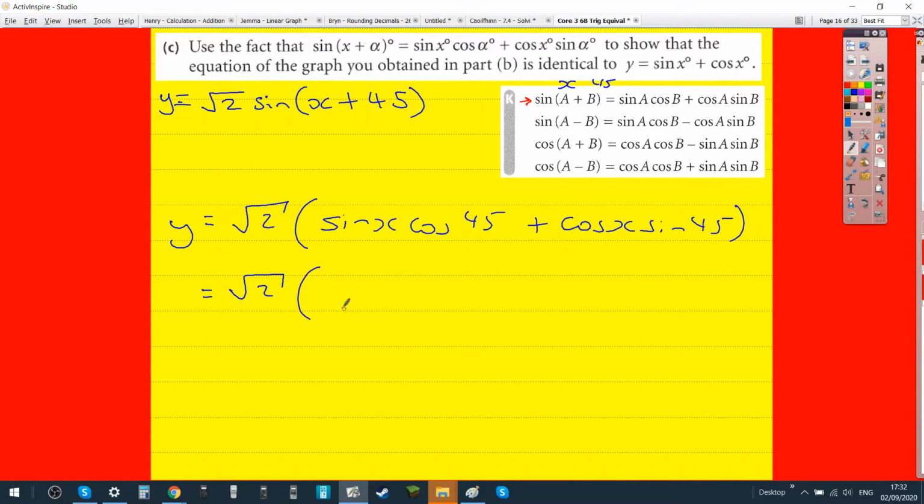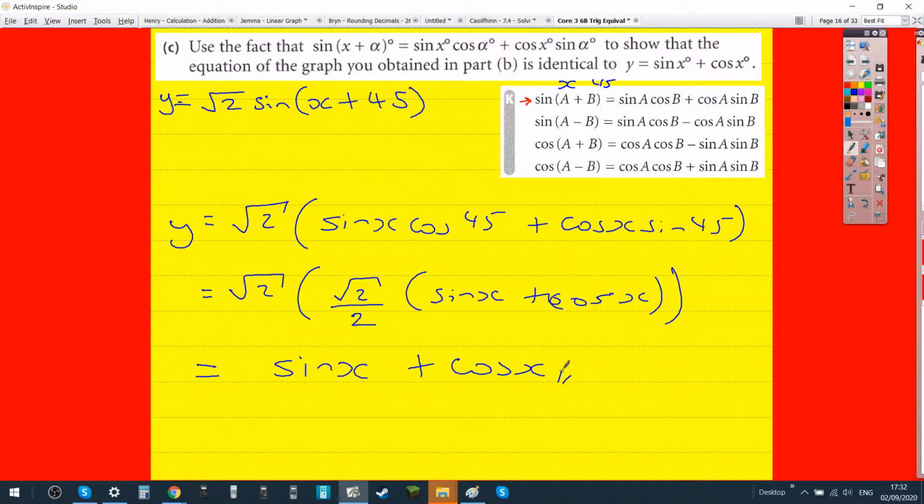We got root 2 over 2 sine x plus cos x. What is root 2 times root 2 over 2? One. And so we get 1 sine x plus 1 cos x, which verifies that we did it correctly.